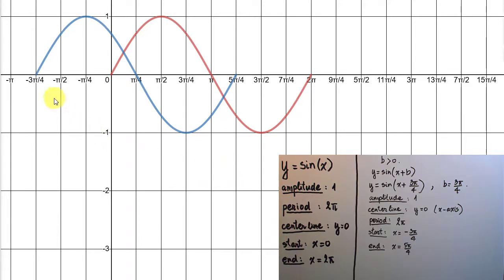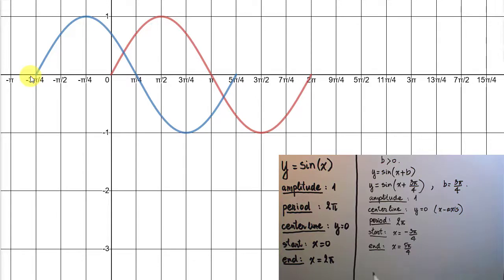And so as another general conclusion, we can see that the blue graph as a whole picture is exactly the graph in red for sine of x, but being shifted to negative 3 pi over 4. Or in other words, it's being shifted to the left by 3 pi over 4.